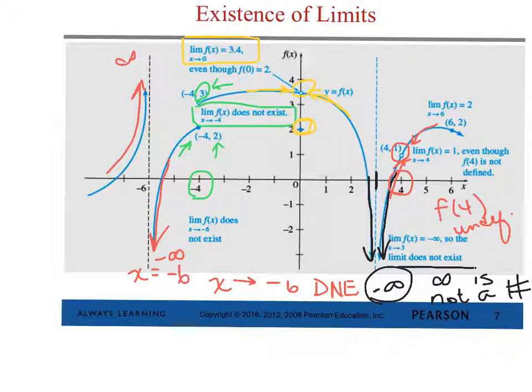Therefore, the limit does exist, and it appears to be 1, even though f of 4 is not defined. So if you can analyze a graph like this and tell me why the limit exists or doesn't exist at any particular point, then you have a good understanding of what a limit is.